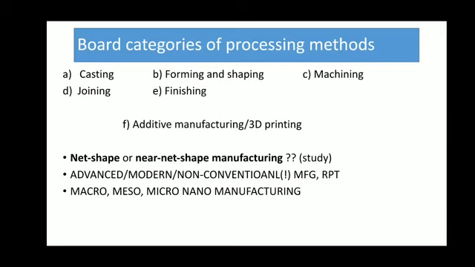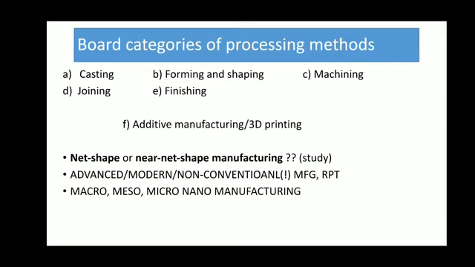Those things we have already discussed. In this particular course, we will be dealing with casting, forming and shaping, etc. Machining processes and those things were already discussed in previous semesters, in manufacturing technology and so on.